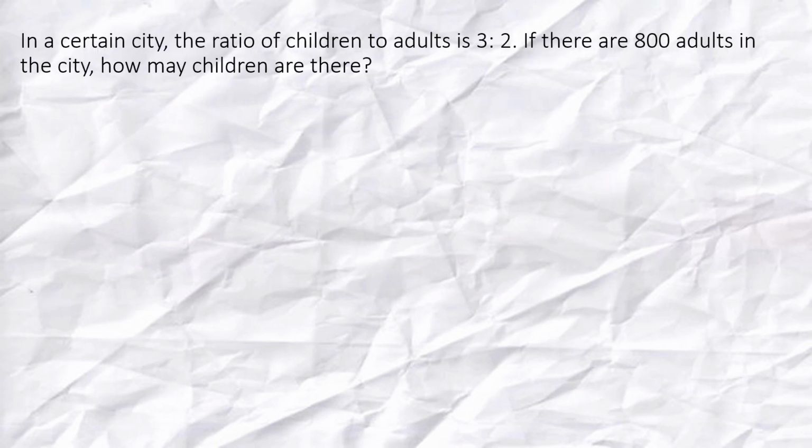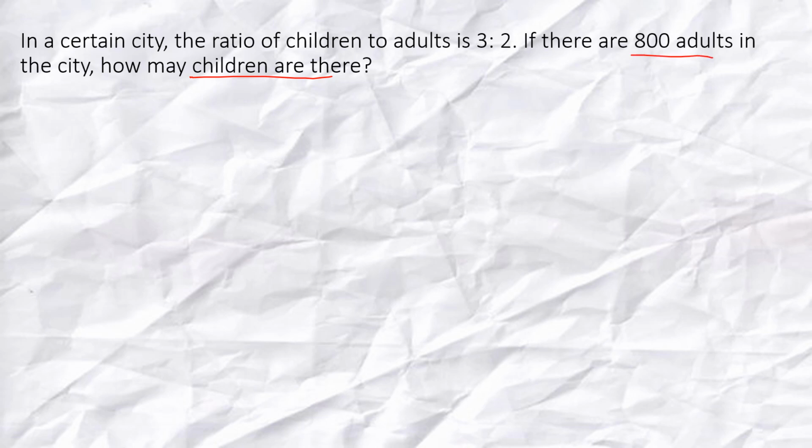Next, let us apply this in our problem solving. In a certain city, the ratio of children to adults is 3:2. For every 3 children, there are 2 adults. If there are 800 adults in the city, how many children are there? So we're looking for the number of children in a given city if there are 800 adults.